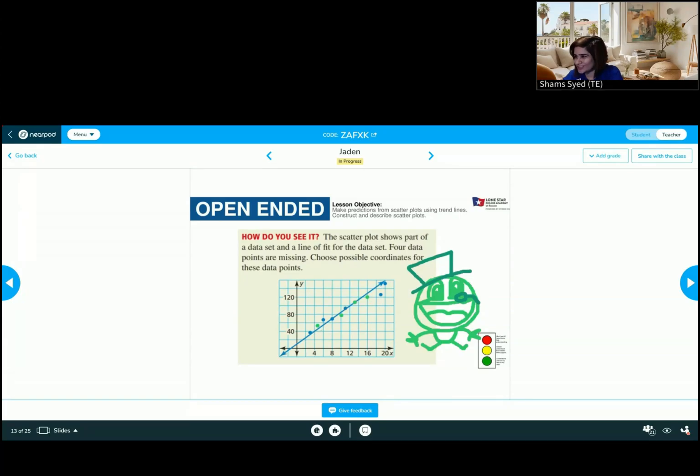Jaden, look at the reactions you're getting from your class. This is Jesus' slide. Jesus, well done. Points are so nicely scattered, and Jesus also has outliers. Jesus understands there will be points that are outliers, and the trend line will not consider them. Trend line ignores outliers.